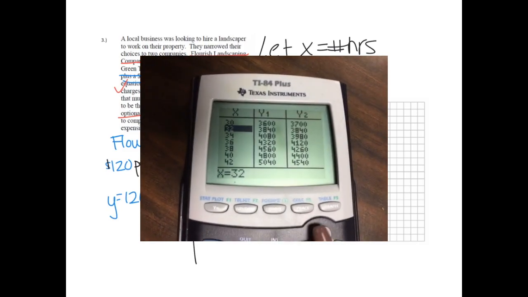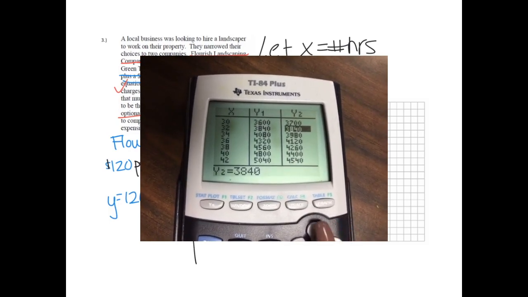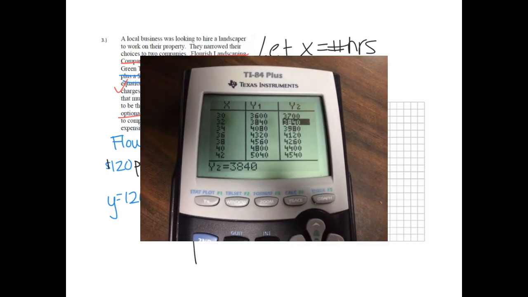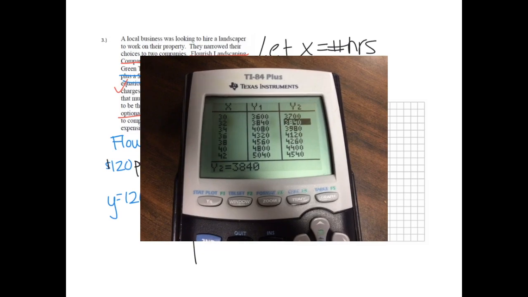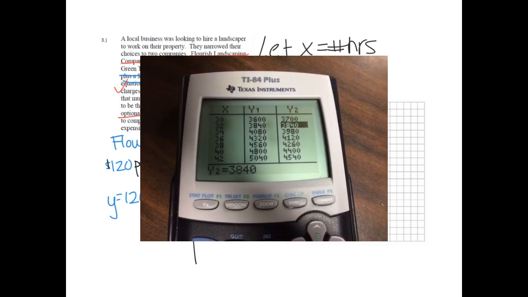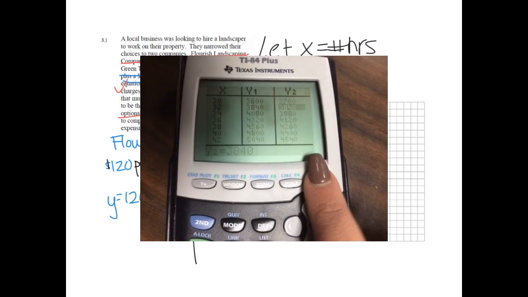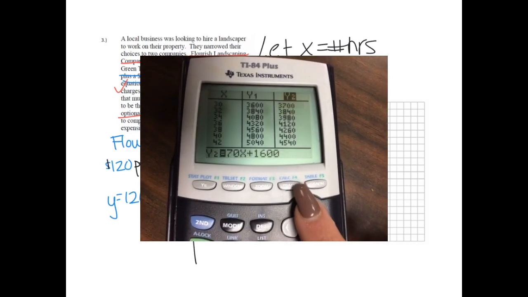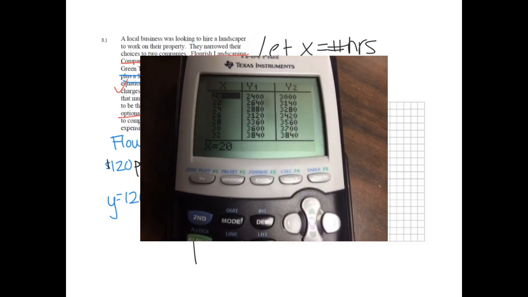At 32 hours, they both cost $3,840. So say you have difficulties with your graph and you can't see the intersection, you could always look at the table of values. So remember, you just have to press second table and you get there. You just have to scroll a little bit. That's it.